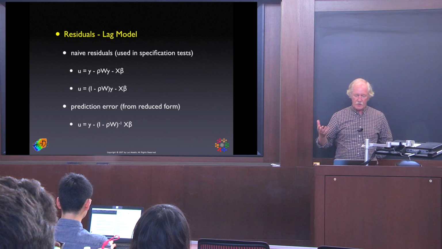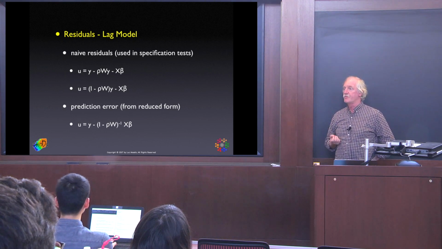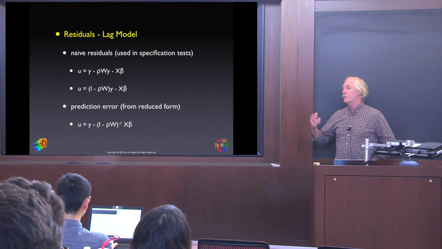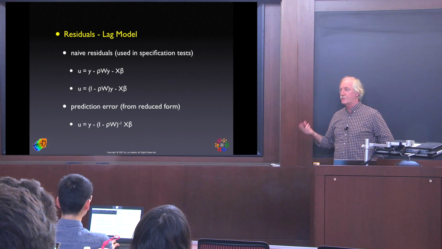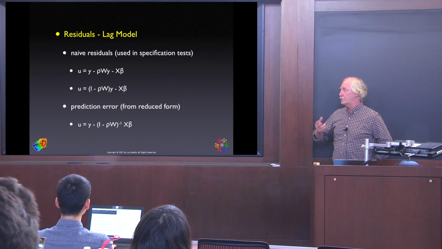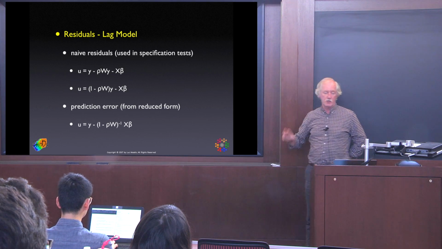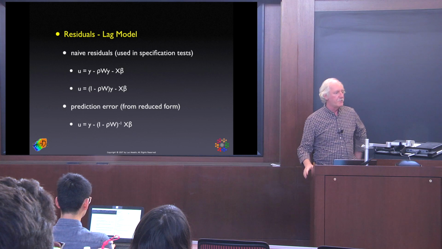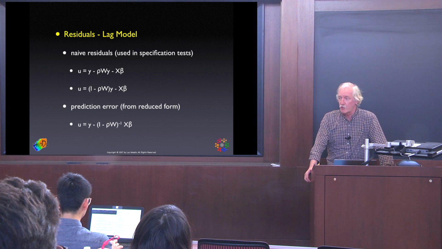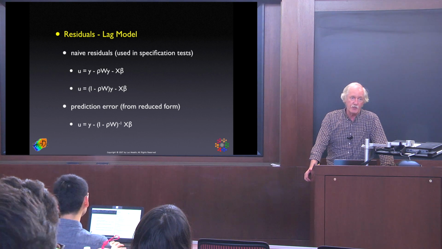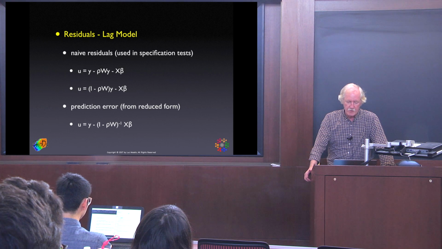Then the other notion is a notion of residual. And the residual, as we know it, is the difference between observed and predicted. But what is predicted? I've just argued that the best prediction is from the reduced form. So then the notion of a quote-unquote residual would be the prediction error, the difference between the observed dependent variable and the prediction from the reduced form, right? That's the bottom expression.